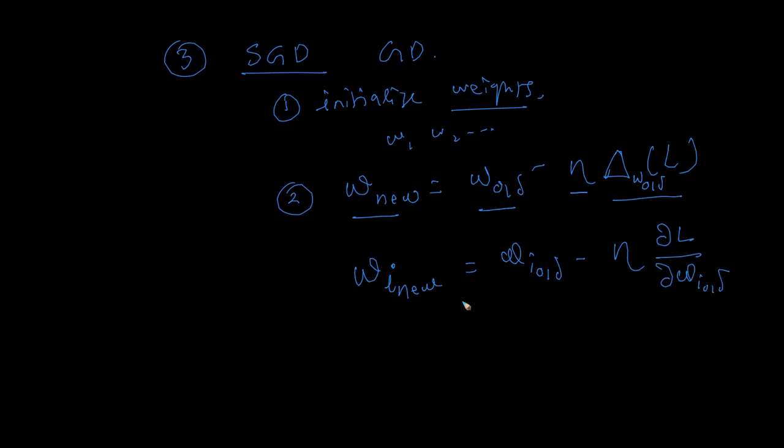That is how we can compute the new weights. Now the question is how to compute these derivatives. Once we get this derivative, computing new weights is easy. These weights will be updated till convergence, right?